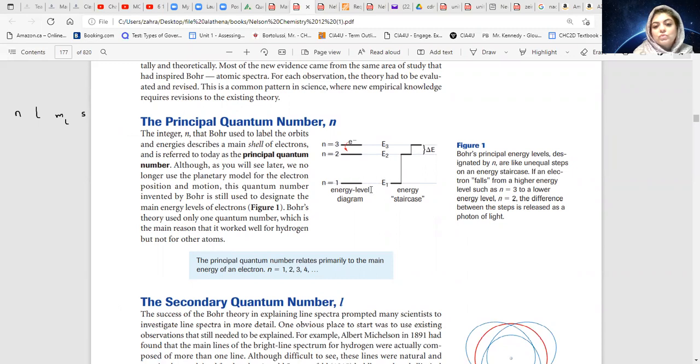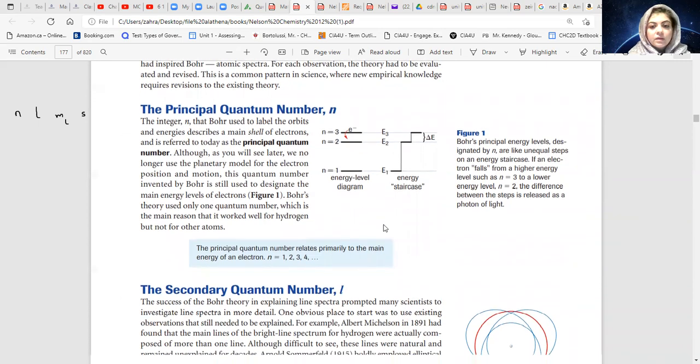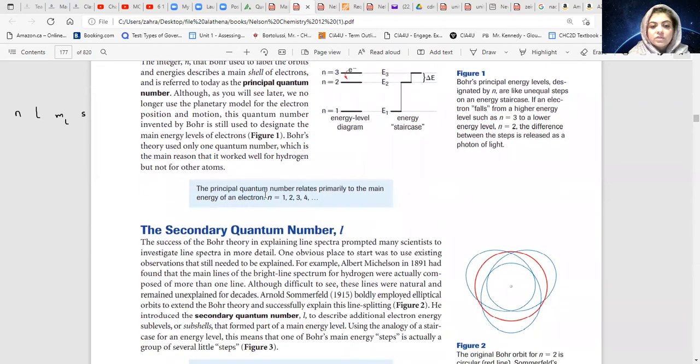When it's very close to the nucleus, it is more bound, so it's less energetic. If you go to a higher energy level, it's more free, so it's more energetic. It starts with 1, 2, 3, and 4.